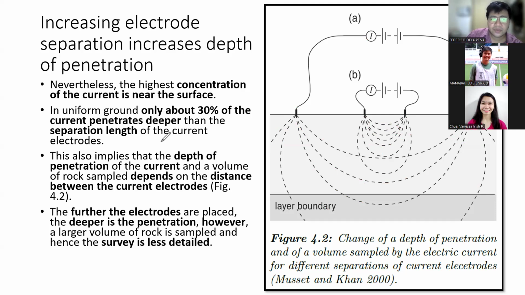The general rule of thumb is that if you multiply the separation length by 30%, that's generally the penetration depth of your current. When I say penetration depth, that's the depth reached by your current. In geophysics, penetration depth is essentially the depth which could be sensed by your geophysical method.